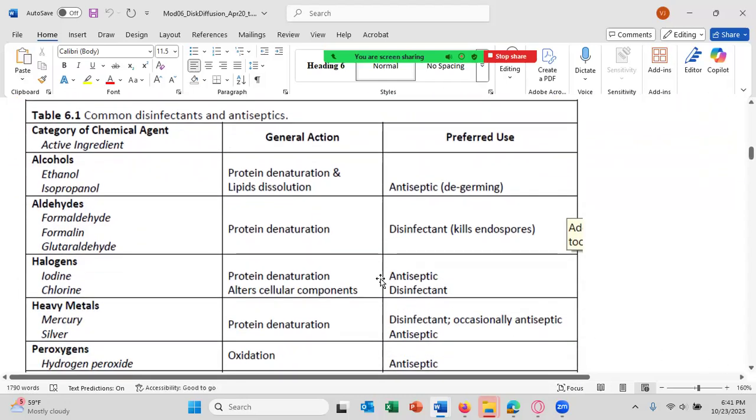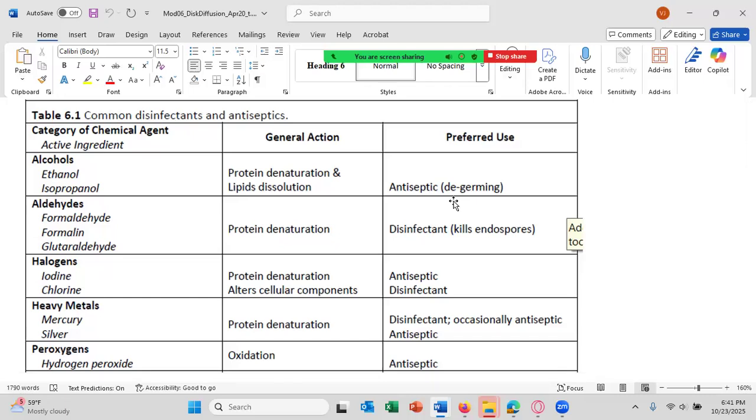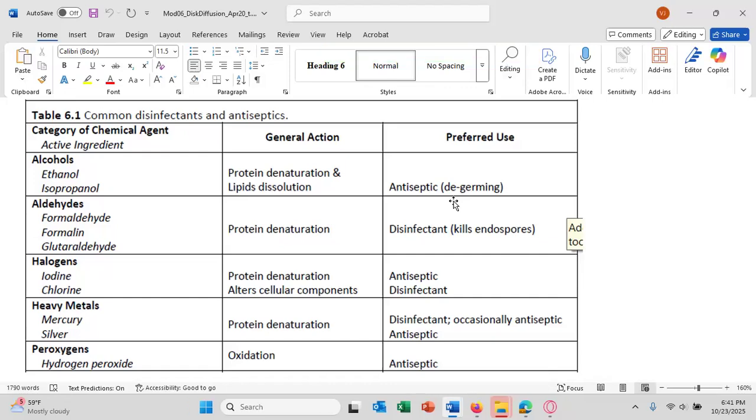So this table 6.1 is listing the common disinfectants and antiseptics, with the disinfectant or antiseptic in this column, and then the preferred use in the third column. Ethanol and isopropanol are very weak antiseptics or disinfectants, and we tend to call them de-germing agents because they really do not act as an antiseptic, removing most living cells from the skin. They're not strong enough.